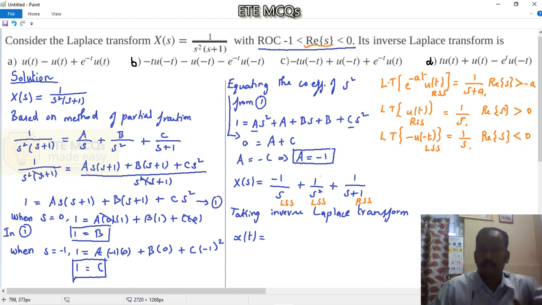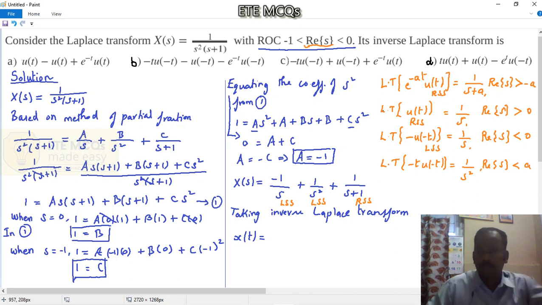And for 1 by s squared, again this should be a left-sided sequence. So you can have the Laplace transform of minus t into u of minus t, whose Laplace transform is 1 by s squared, with the region of convergence real part of s less than 0. Now you can notice that we won't be making use of this particular right-sided sequence. We'll be making use of the first one, third and fourth.